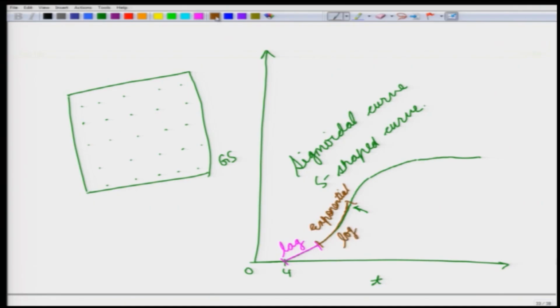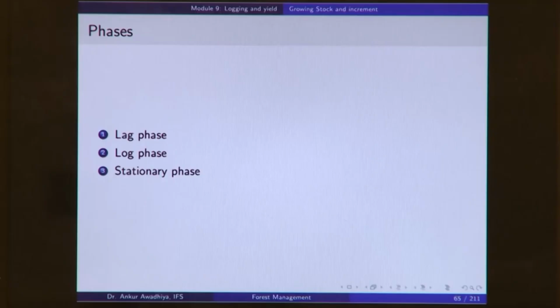And after this log phase, next we will reach a phase of stagnation, because now the growth is increasing, but the rate of growth is now moving towards 0, so that the total amount of growing stock will become constant. So, we can define these three phases: lag phase, log phase and stationary phase.